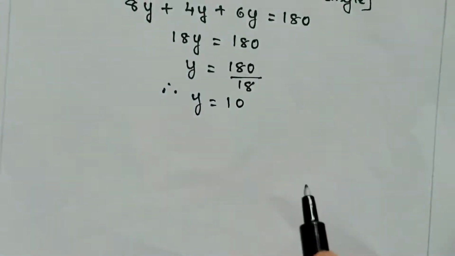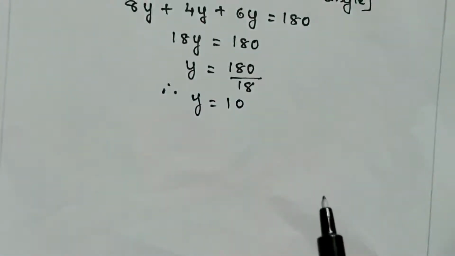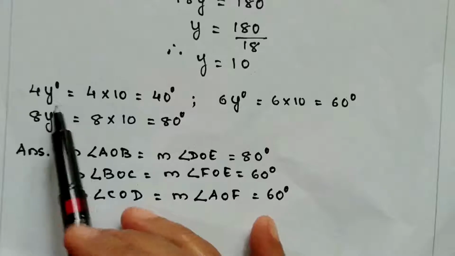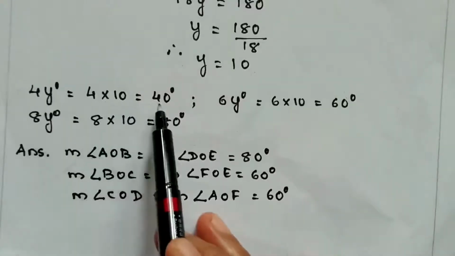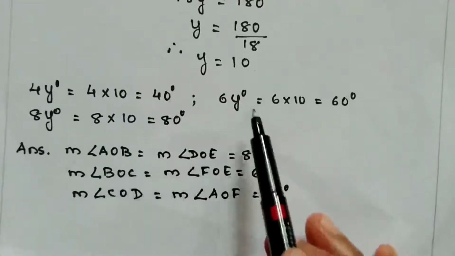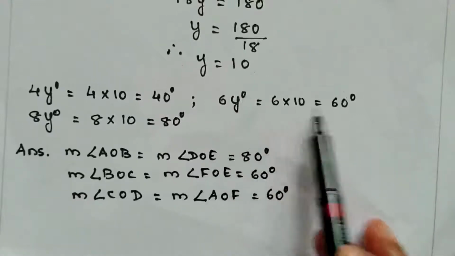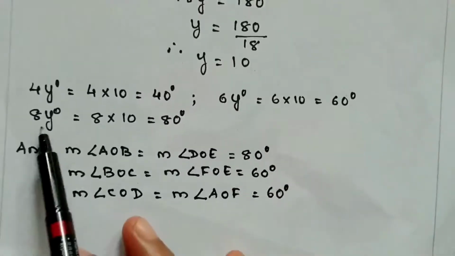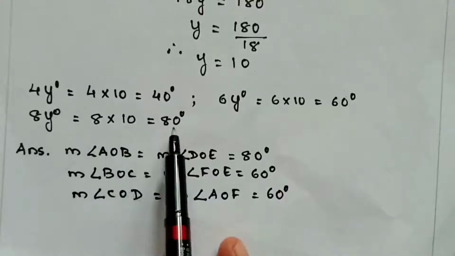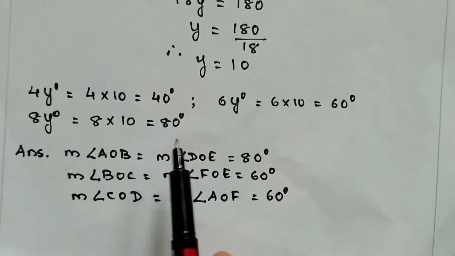Now you can find the values of 4y, 6y and 8y, and you can get the values of each of the angles. So we get 4y is equal to 4 into 10, that is 40 degree. 6y degree means 6 into 10, that is 60 degree. And 8y degree is 8 into 10, that is 80 degree.